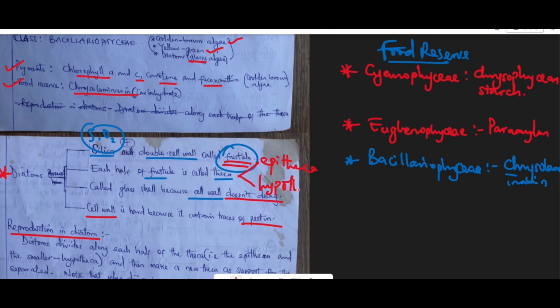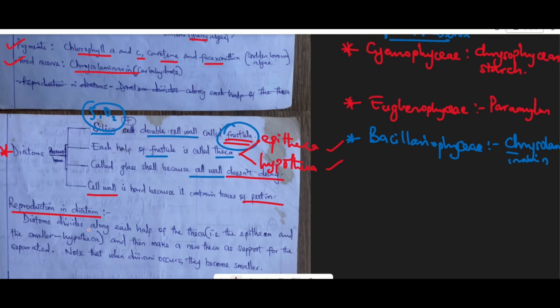Now, for diatom to divide, or undergo reproduction, the two theca, that is the epitheca and the hypotheca, play a very vital role in that division. The diatom divides along each half of the theca, that is the frustule, which is the full one. So if the frustule divides, it forms the hypotheca and the epitheca.